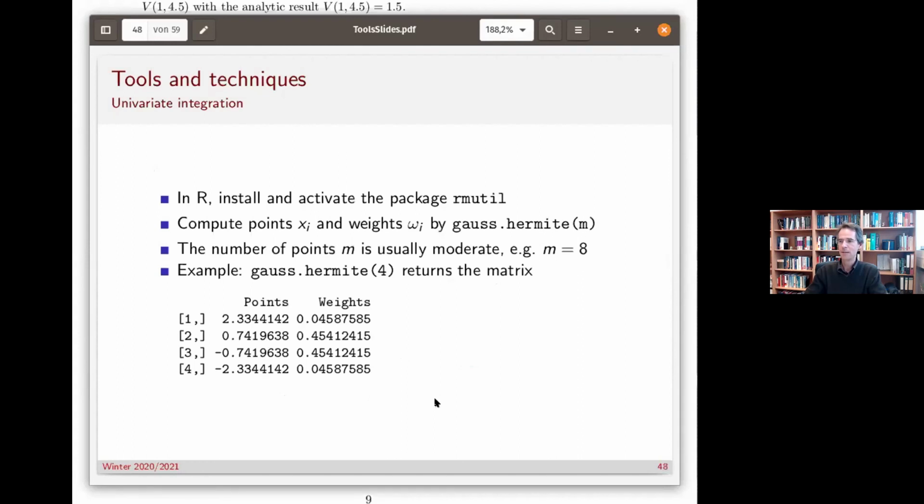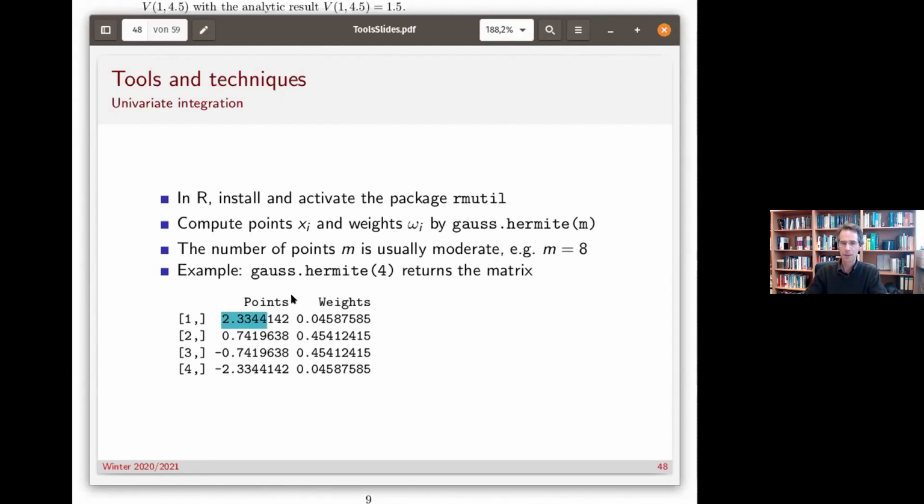Let me just mention that in R, we have a command, which is called Gauss-Hermite, which gives you these points and the attached weights. So for a standard normal distribution, you can choose how many points to get. So for instance, if we choose 4 points, then we get points 2.33, 0.74, minus 0.74, minus 2.33.